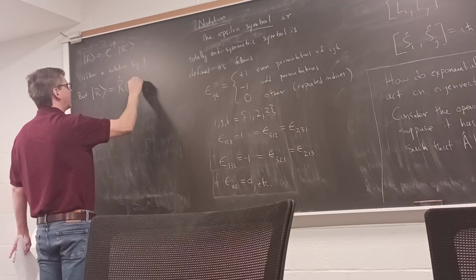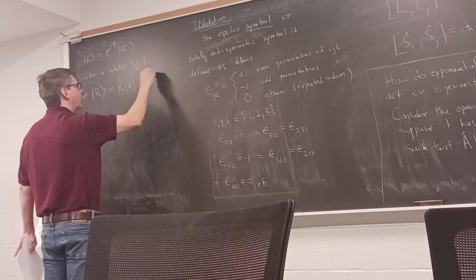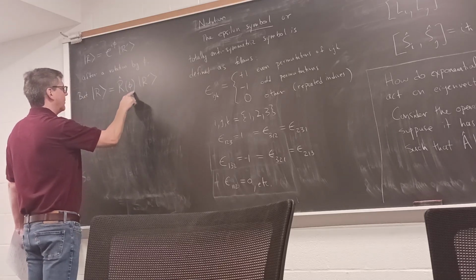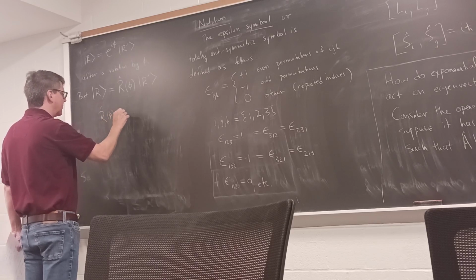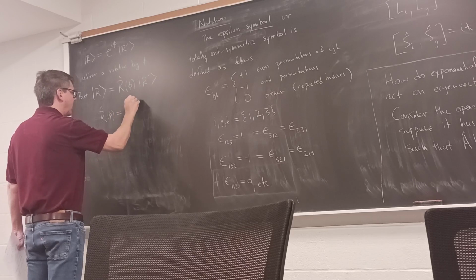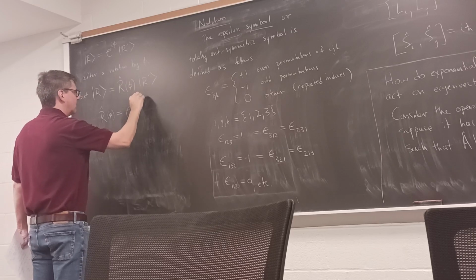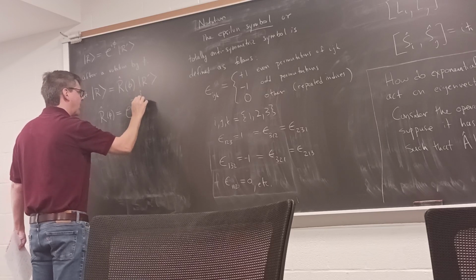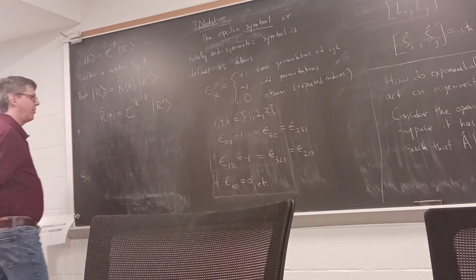This is some rotation operator on R prime. And so what is the form of this thing? R hat phi has to be equal to e to the minus i over h bar times some J hat, some angular momentum operator, times phi, on R prime.